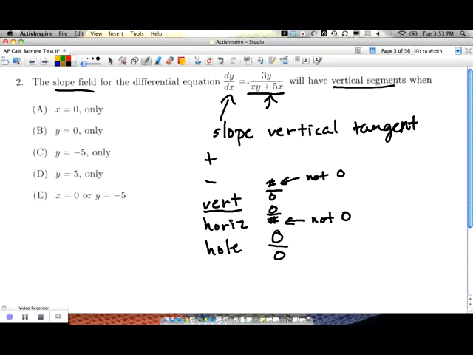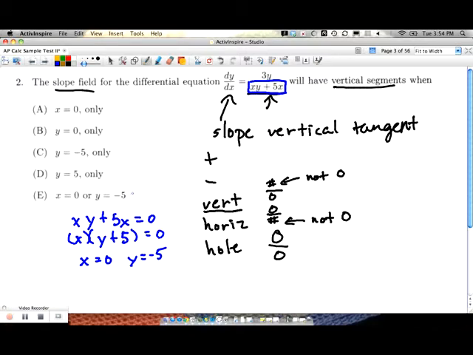Well, let's go ahead and set up this piece down here, xy plus 5x, and find out when that would be equal to 0. So xy plus 5x equals 0. If I factor out the x, I'm left with y plus 5 inside the parentheses here. And that tells me by zero product property, where I'm multiplying 2 factors equal to 0, that either x equals 0 or y equals negative 5.